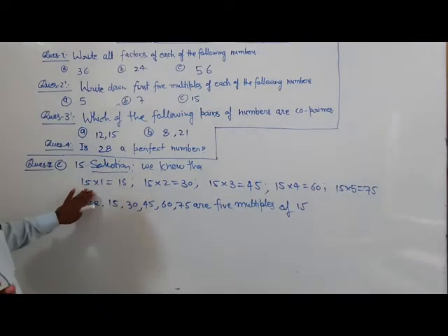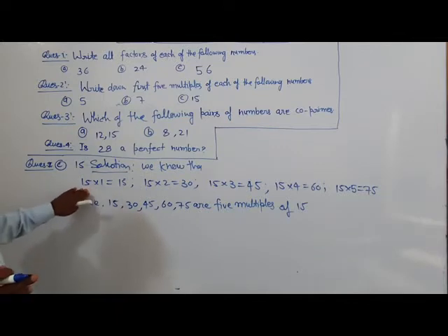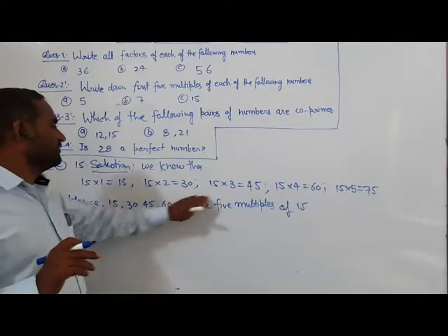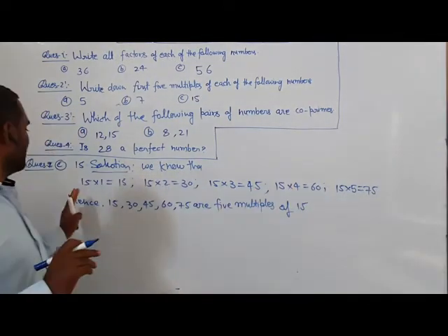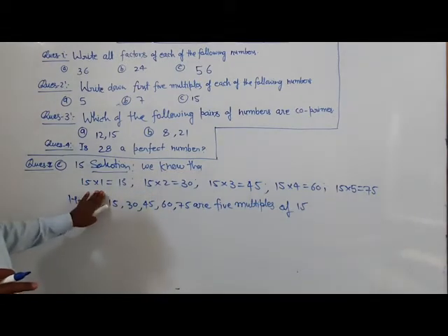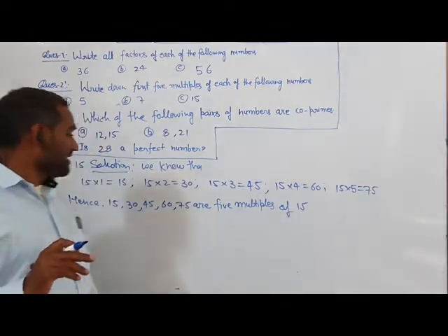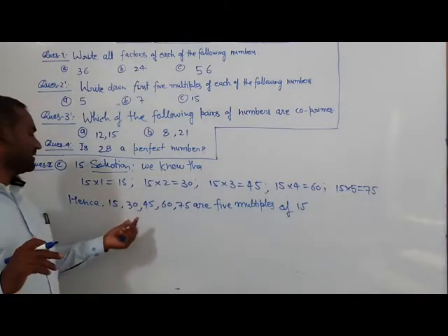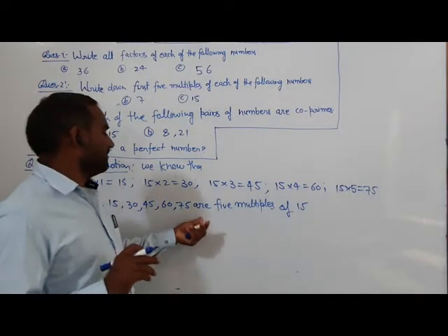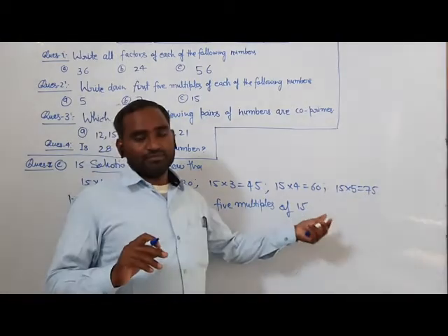So we start from the first natural number, that is 1, 2, 3, 4, 5. So we multiply 15 by 1, 2, 3, 4, 5. In this way, we get 15, 30, 45, 60, 75, the 5 multiples of 15.